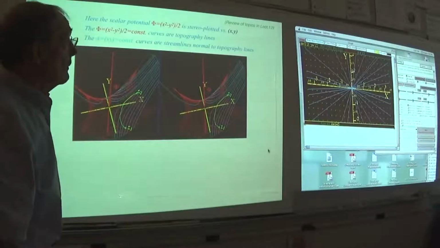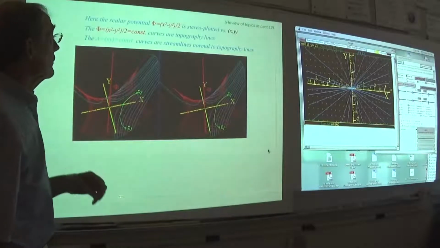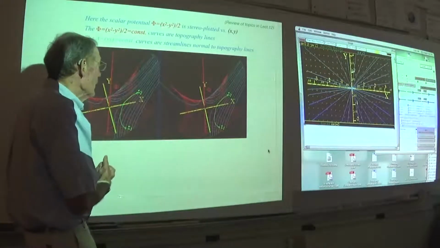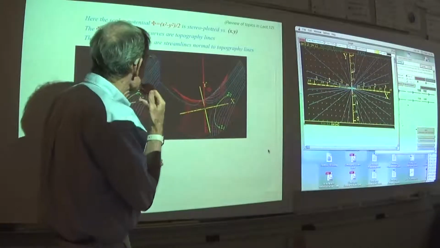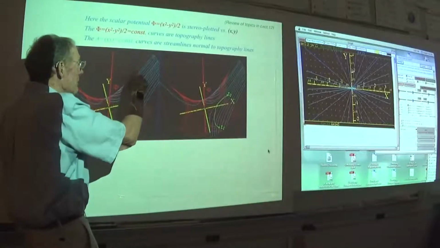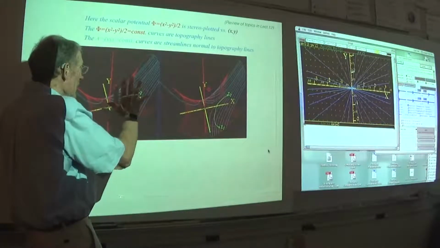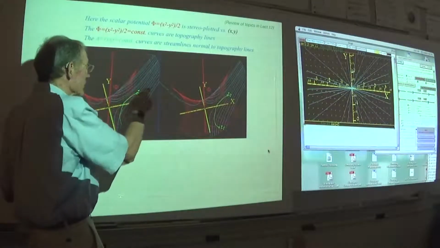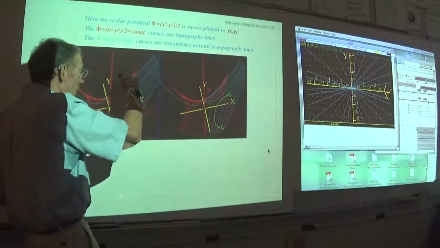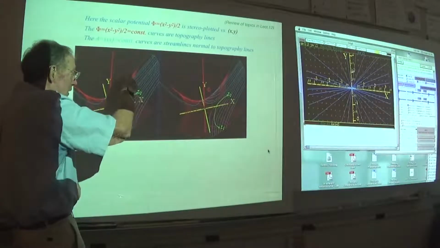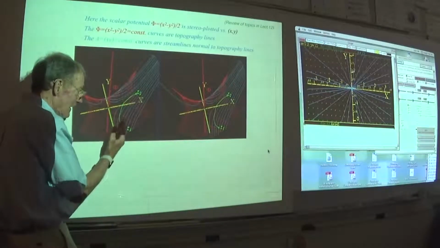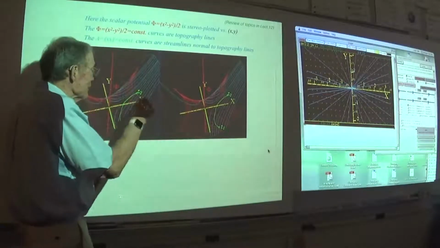Okay, now the plot of that f of z equals z, the z plot, is a saddle, and you can see when we were looking at the hyperbolas that those hyperbolas definitely are topography lines for this saddle. But these flux lines that come down here perpendicular to the fall, perpendicular to the topography lines, what you might call, if you're a skier, the fall line, the thing that points downhill.